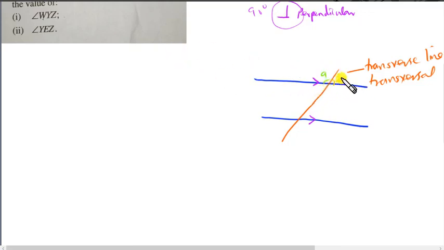One thing is that if the angle here is B, the angle here too is B. If the angle here is A, the one down here too is A. Now these two angles are called vertically opposite angles. So these two angles, A and A, are vertically opposite angles.